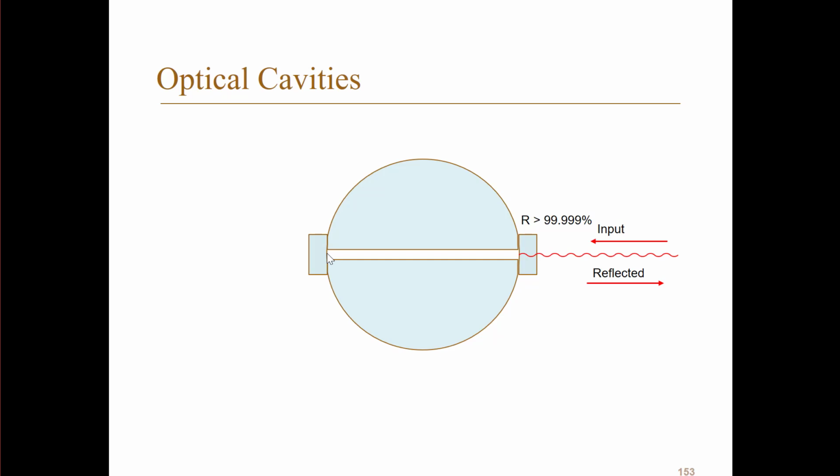Almost all of the light is reflected back, and then it's reflected from this mirror again. And if we are on resonance with the cavity, what that means is that the light which now leaks in has the same phase as the light reflected from this mirror. And then we have twice as much light, and all of this light goes over here, and then it's reflected again, and again we have leakage, and the light inside the cavity which has been reflected has the same phase.